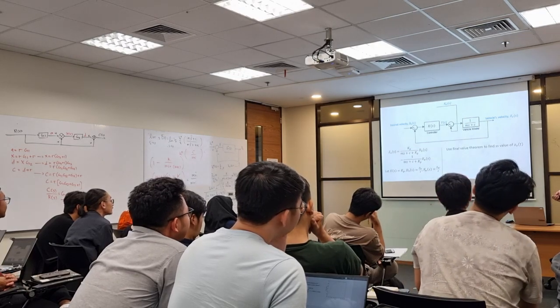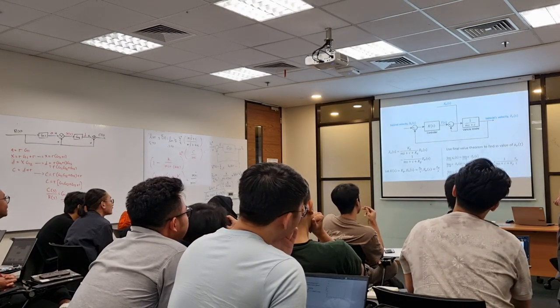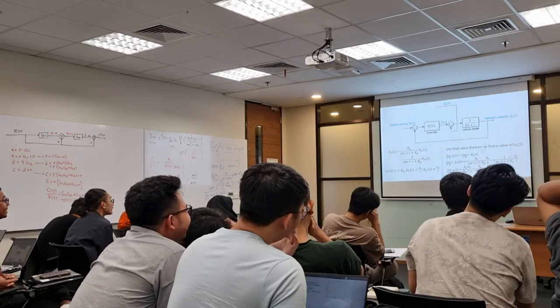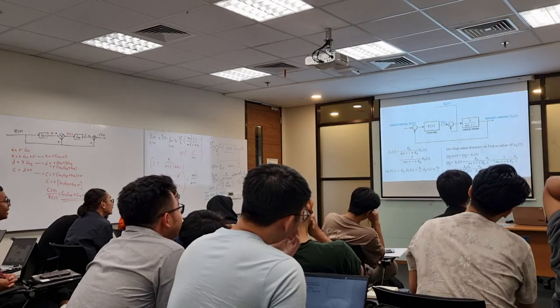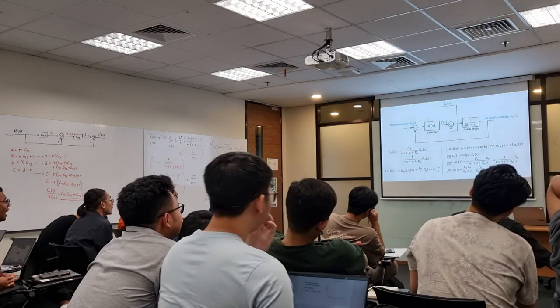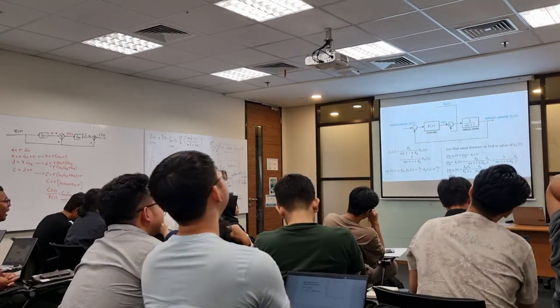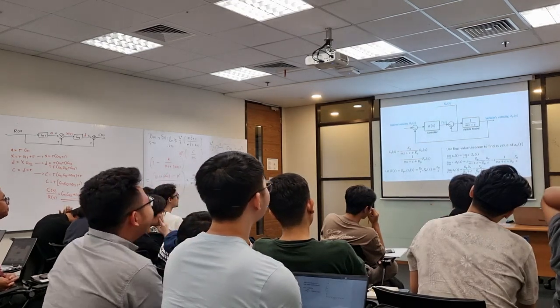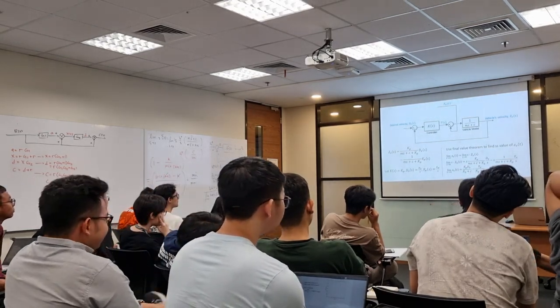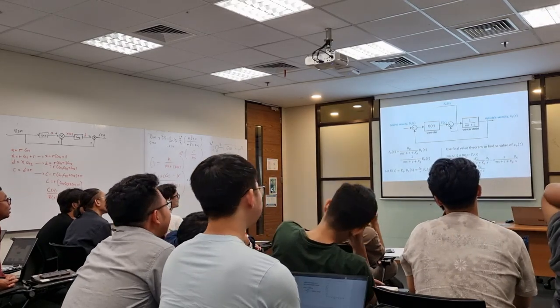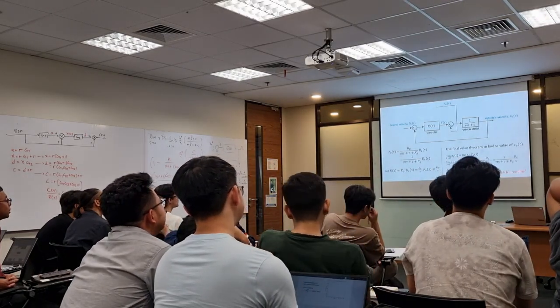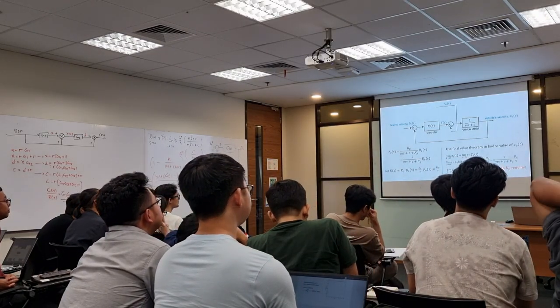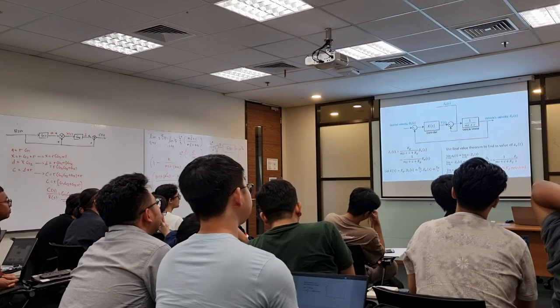We are going to find out using the final value theorem. Then this is the steady state value of the velocity. As you can see, FW is coming here. It will affect the output. If we want to eliminate the effect of FW, we have to make KP very, very high.